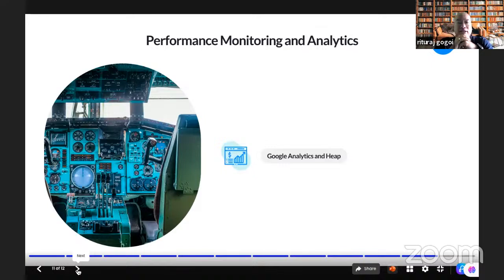like I said, we already had the instrumentation in place. We had Google Analytics and Heap to let us get deep down into how the funnels were performing, where the users were coming from, and what the conversion was for the different funnels that we had.